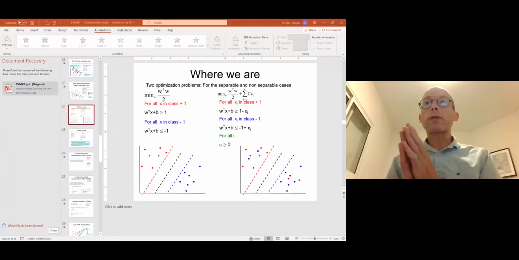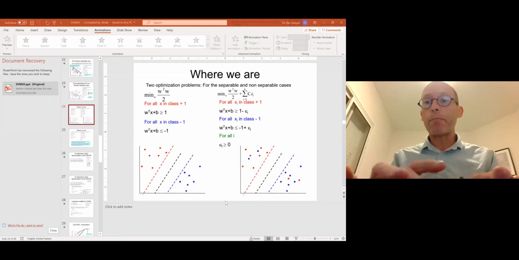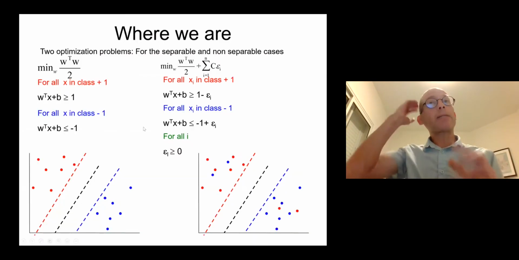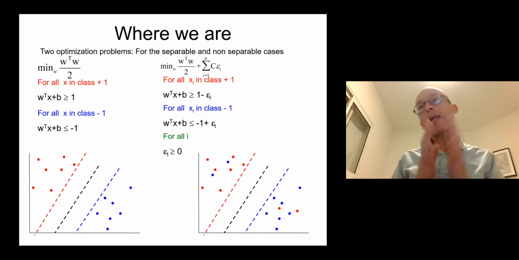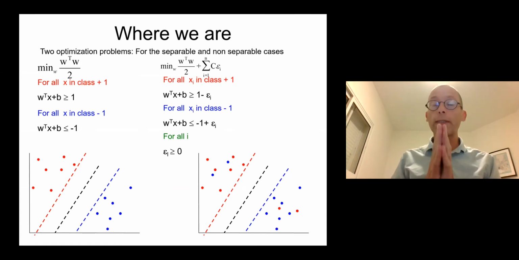Okay, so today we continue to discuss support vector machines. We explained the name. We said support vector machines are a classification method. They can be used for regression, but they were really developed for classification.